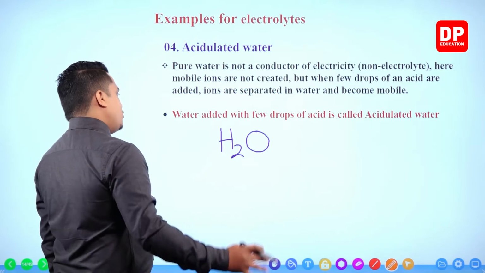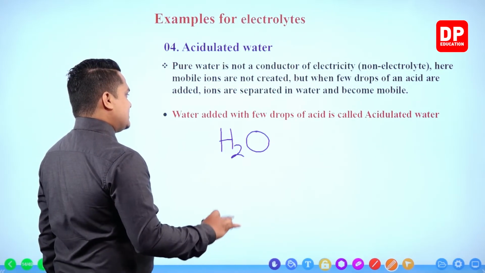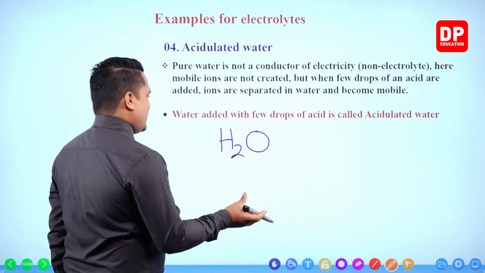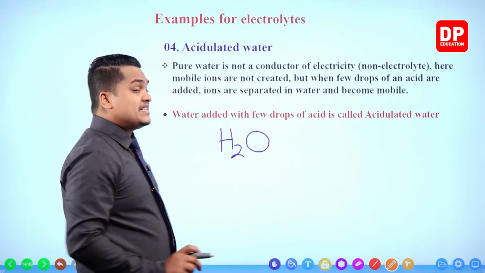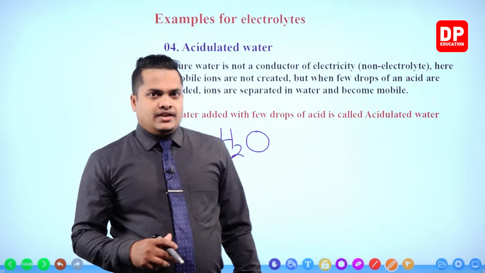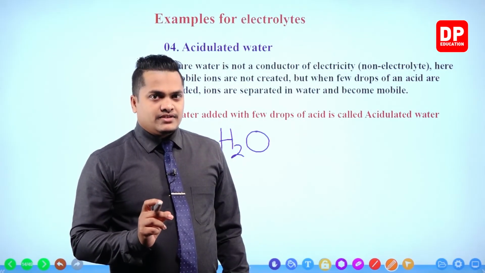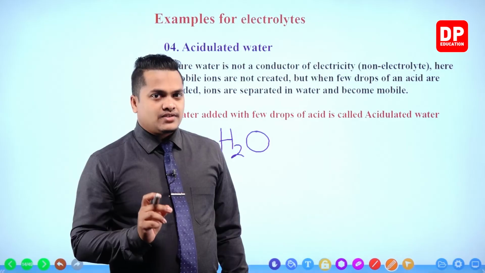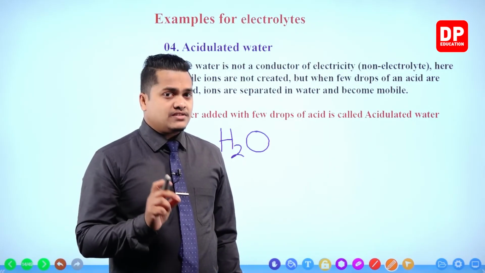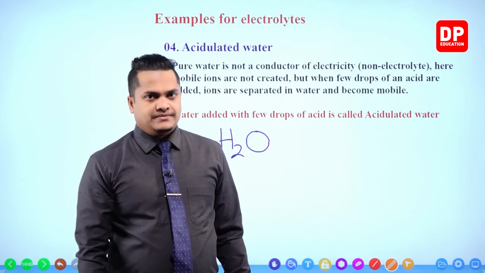However, if you dissolve substances like an acid or a base or any other substance which readily dissolves in water, then some of these solutions have the ability to conduct electricity.